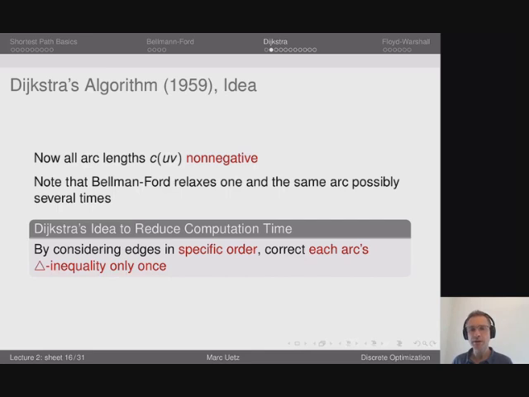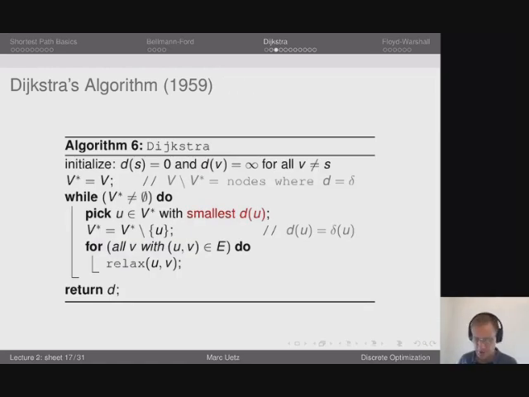So each of the arcs or edges of the graph is processed or relaxed exactly once. And that saves computation time. And how do we organize this specific order of considering the edges of the graph? Well, we are considering the edges by actually processing vertices of the graph and considering edges as the edges outgoing of specific vertices. So let's see how Dijkstra actually does that.